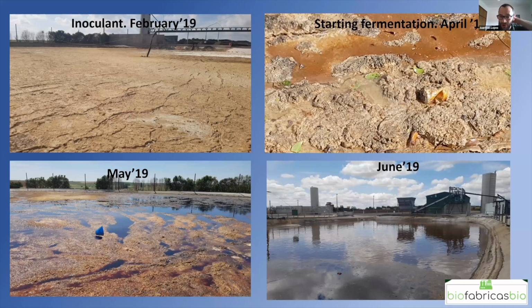Another use of microbiology that we've done, this is in Spain, is a slurry factory. This is all organic waste from the slurry. And here what we did was just add lactic acid bacteria. It is a strong bacteria, and it's very easy to reproduce.